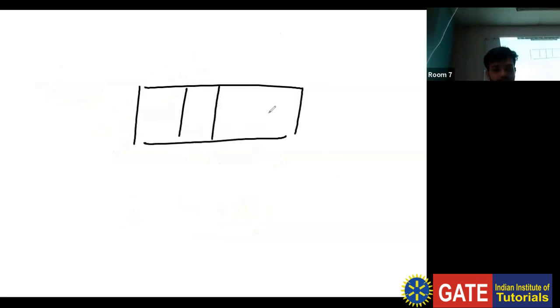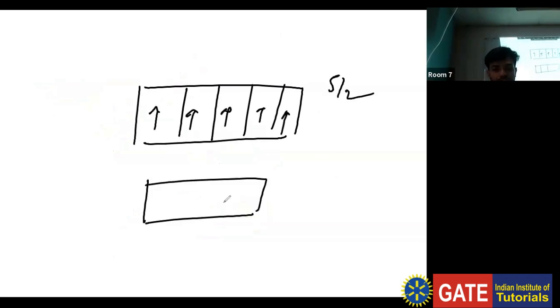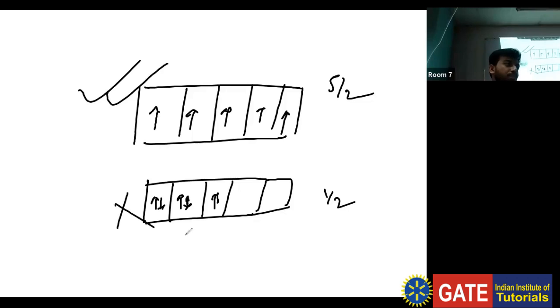This is the d5 system. If I write like this, that means this is acceptable. This is not acceptable. Got it?